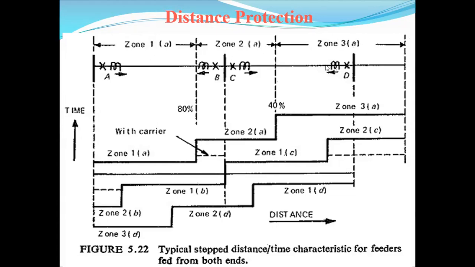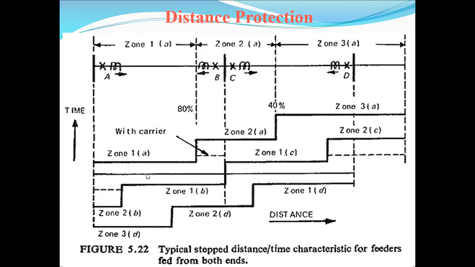The protected feeder line is divided into three zones, zone 1, zone 2, zone 3, and each zone has a relay coil.